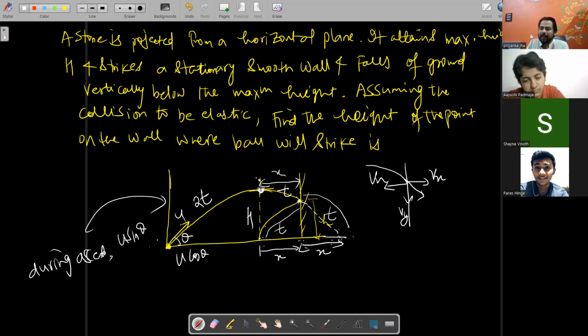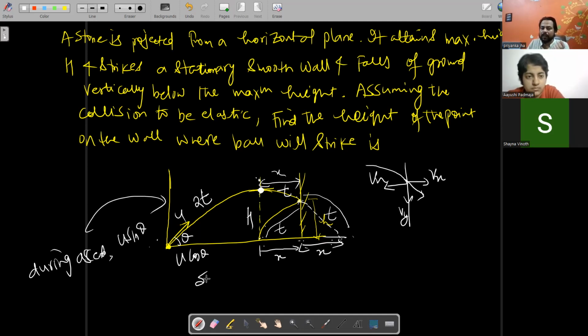So we'll write the equation of displacement along the vertical direction. Displacement along y equals uy into t plus half ay into t square. If you take upward as positive, downward as negative, you are covering this h displacement in the negative y direction.